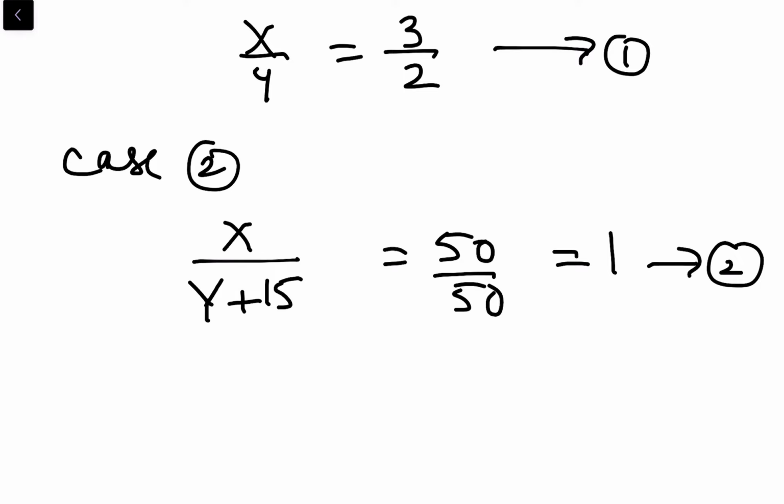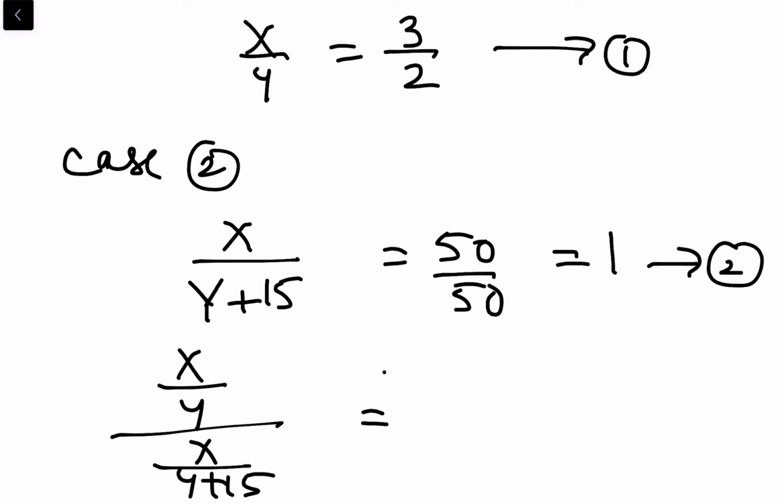Now let us divide equation 1 with equation 2, like what we have done earlier, that is x by y, then divided by x by y plus 15 is equal to 3 by 2 divided by 1.